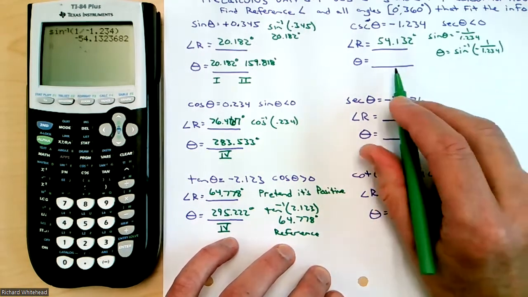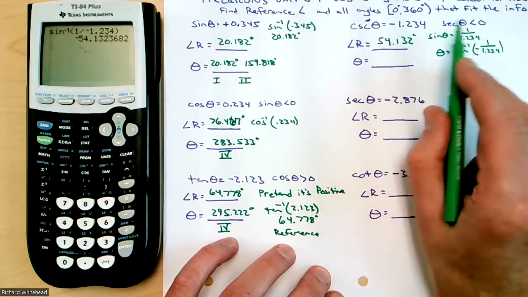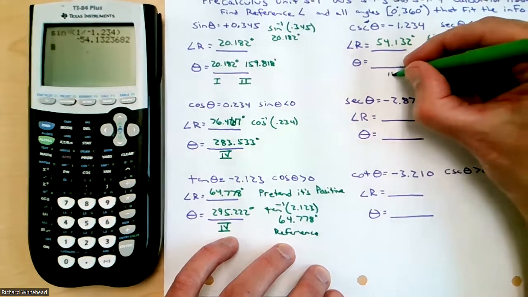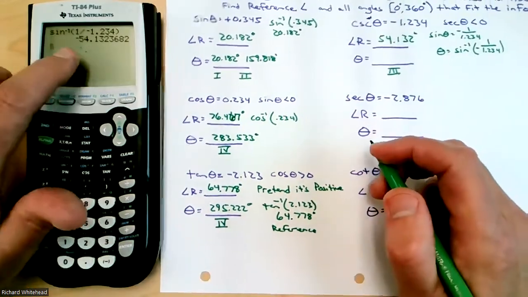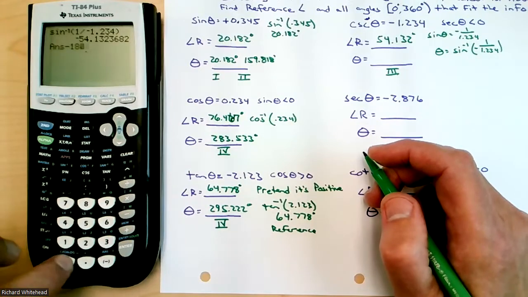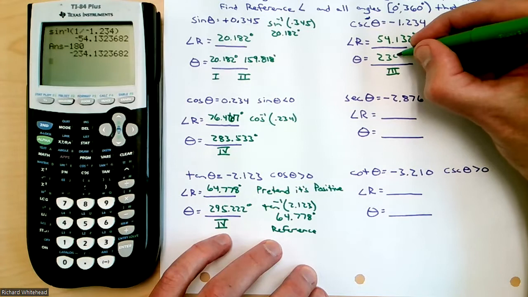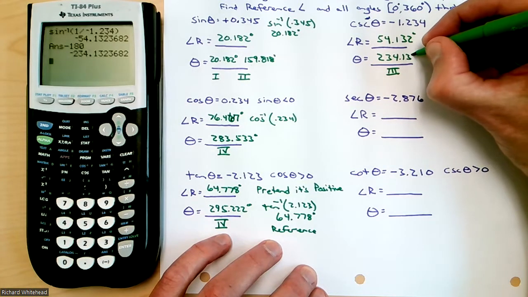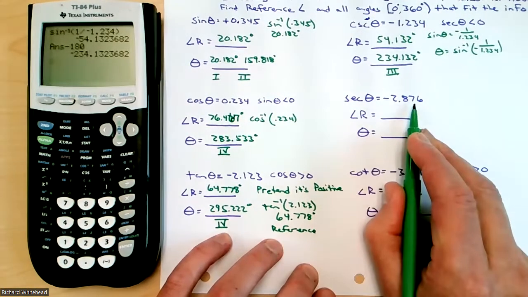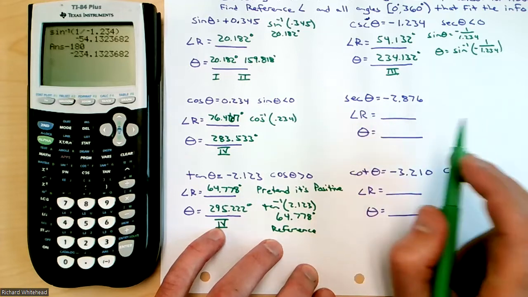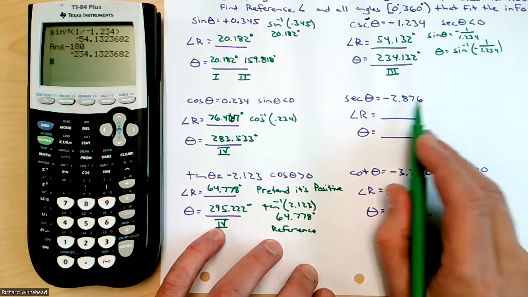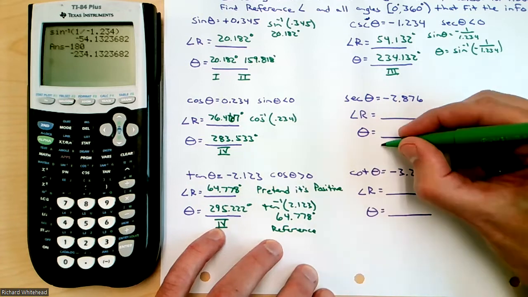Oh, I forgot to do this. Cosecant's negative, secant's also negative. That's third quadrant, so the third quadrant is when we add 180 to our reference. Now this is where it gets a little funkier. When you say secant is negative, and that's the only information, when is secant negative?